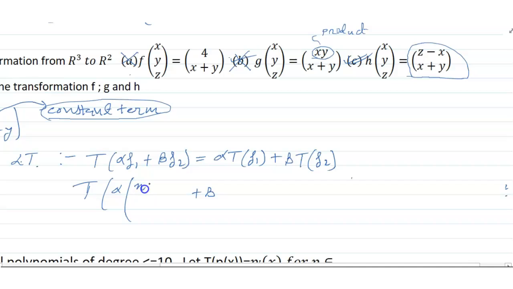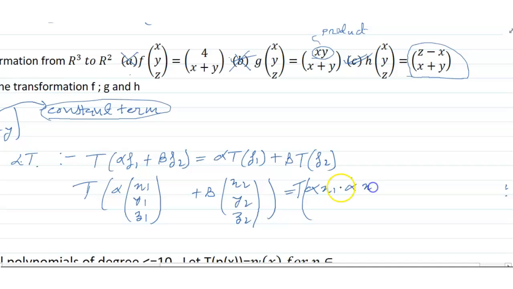It is this way: alpha 1 is equal to x1, y1 and z1, and beta is equal to x2, y2 and z2, and alpha T f1 plus beta T f2 is equal to alpha x1 plus beta x2, alpha y1 plus beta y2, alpha z1 plus beta z2.